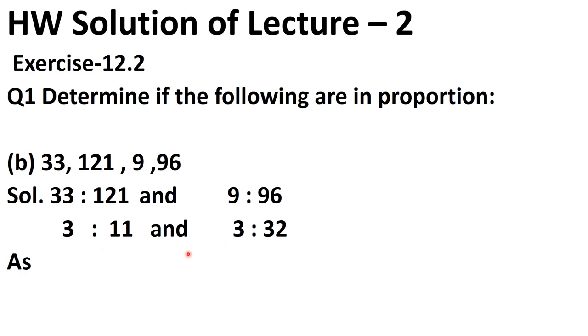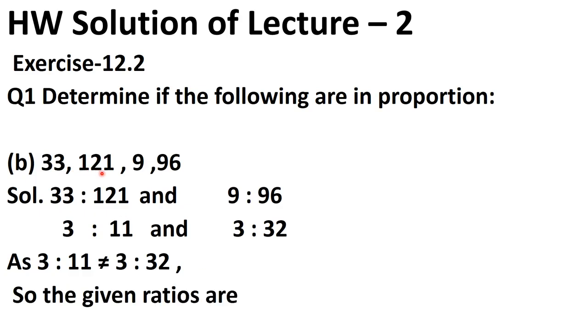Now see, are they equal? As 3:11 is not equal to 3:32, 33, 121, 9 and 96 are not in proportion, or we can say the given numbers are not in proportion. Same I have done here. C part.